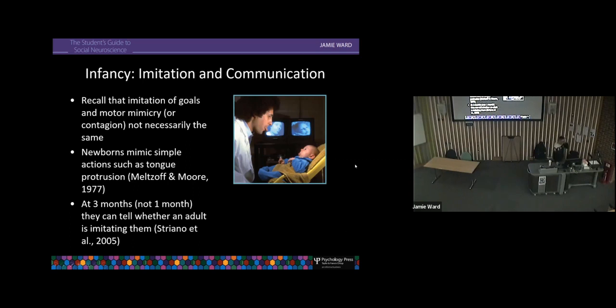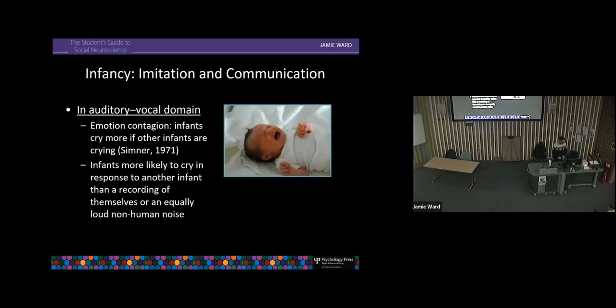And Meltzoff argues that this is an early like-me hypothesis that the infant has in the world, that there are other people out there like me. And this is the kind of evidence that he would have, whether it's full-blown imitation, such as the one we've talked about, or not. And at some point they can tell whether somebody's imitating them, so where the roles are turned here.